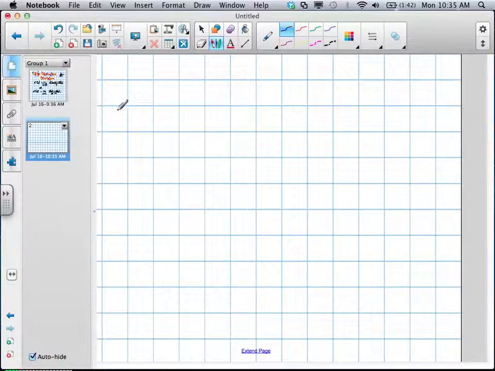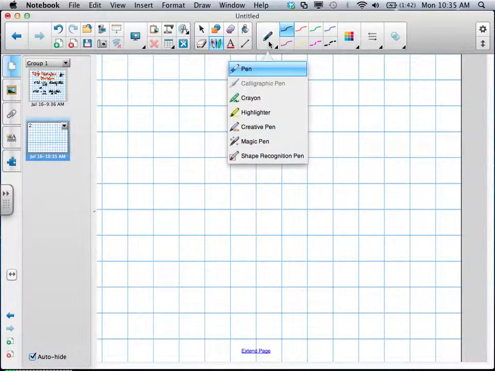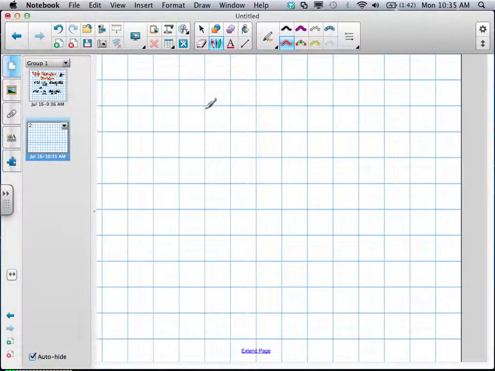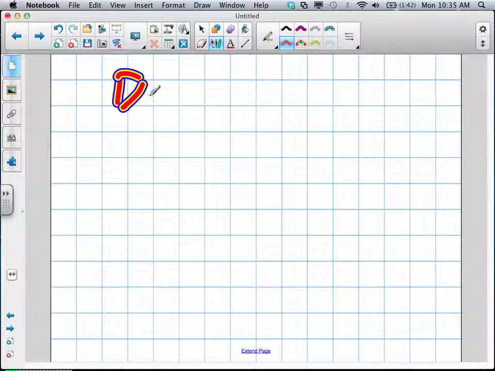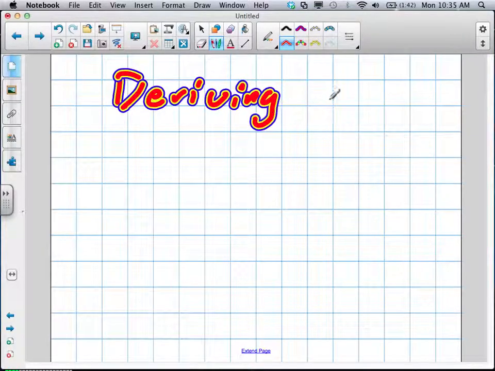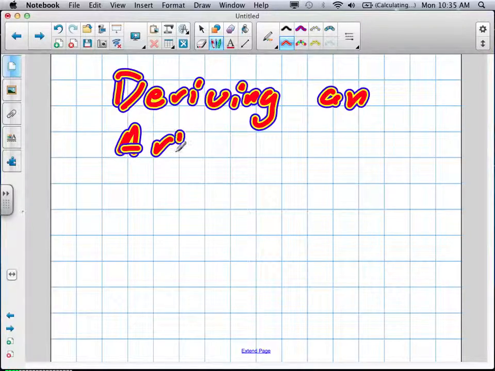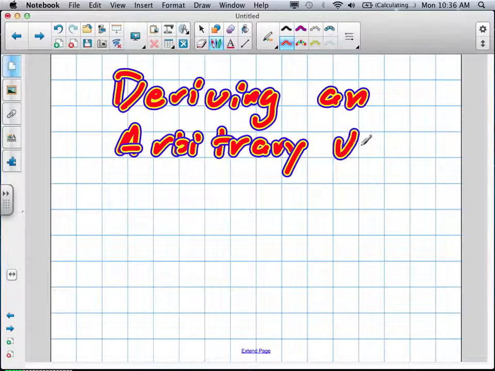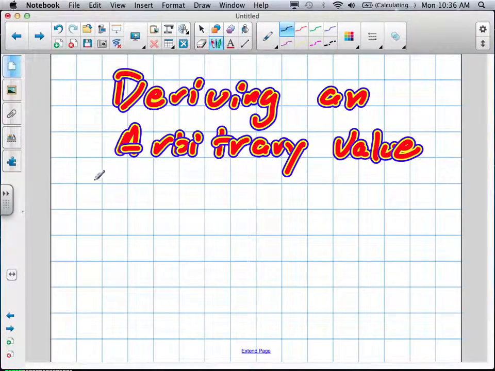Instead of finding it at a specific point, this is going to be finding the derivative at an arbitrary value. So the second example says determine the derivative of f at x.